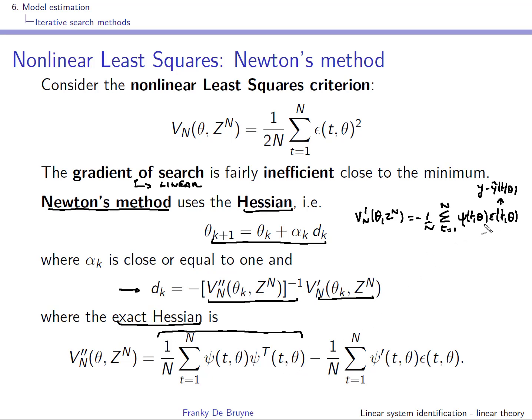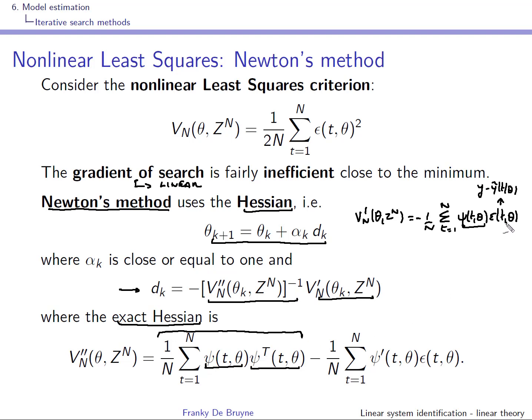The minus sign disappears because of this one, and this really is again the derivative of the one step ahead prediction. If you take the derivative, again you'll have a psi, and you have to have a matrix over here. This is why you have psi times psi transpose.